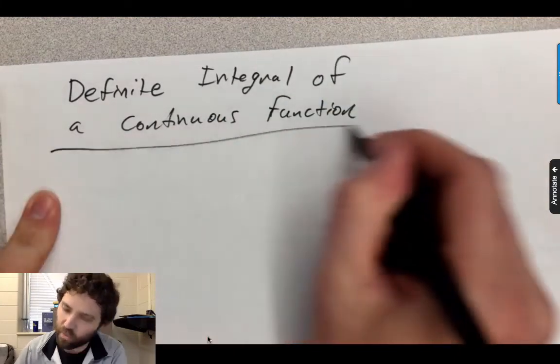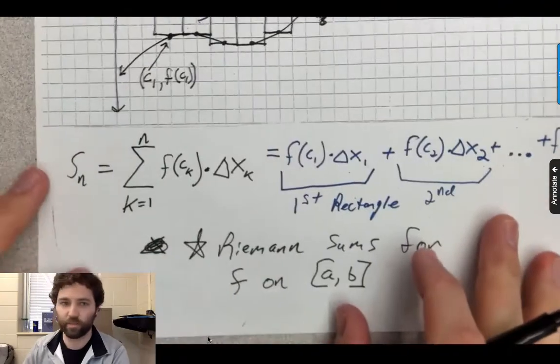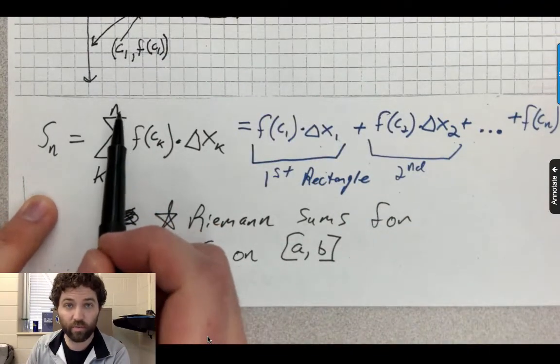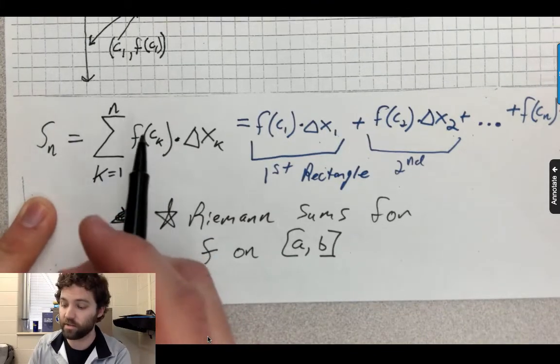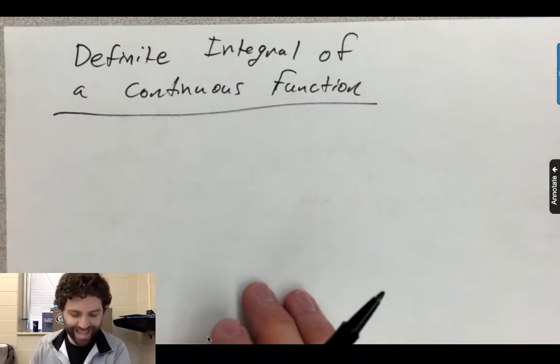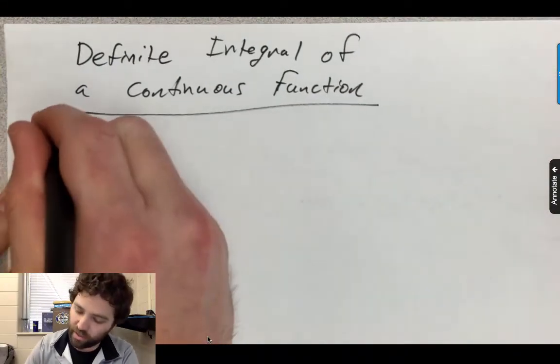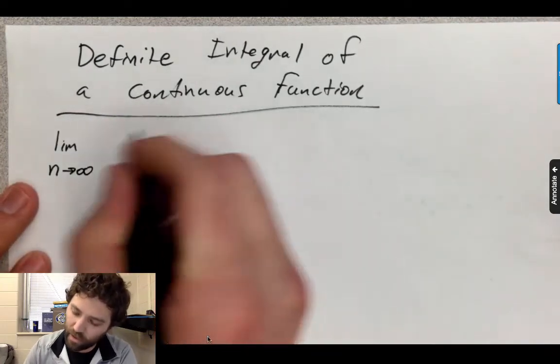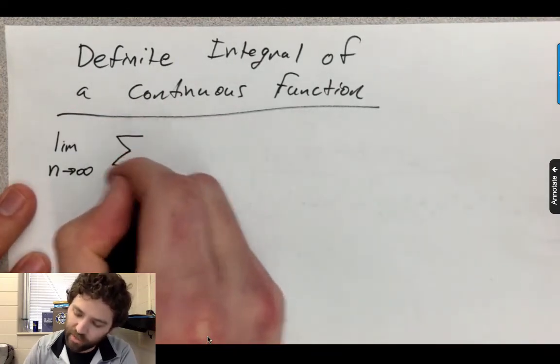We want an infinite number of rectangles, and we represent that mathematically using limits. Limits are a way that we can describe values at infinity. So we'll let n go to infinity, taking the limit as n approaches infinity of that summation from the previous page.